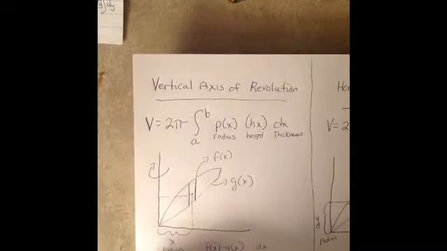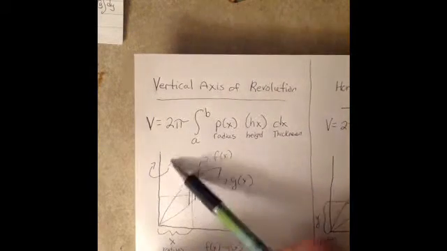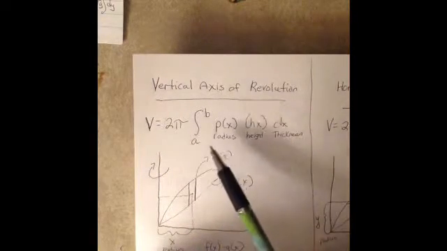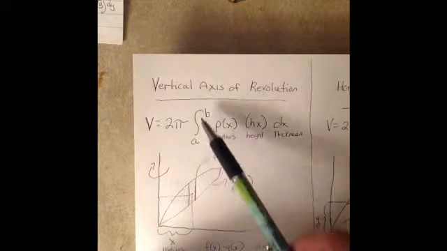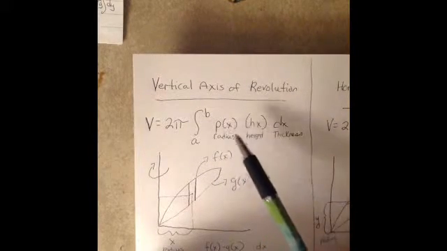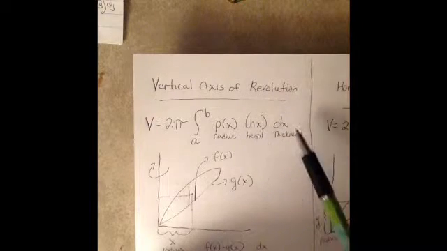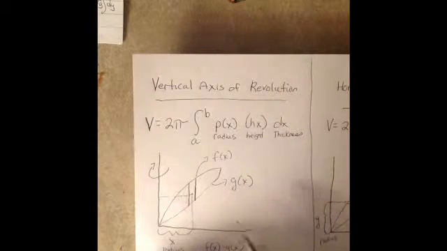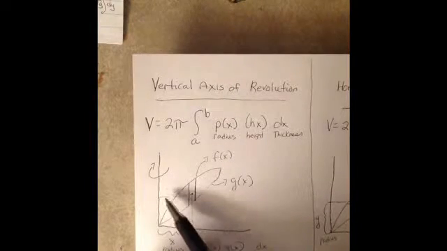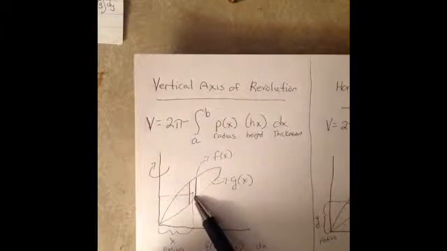So now if you've watched the instructional video, you've got a general idea of this. But when you're going around a vertical axis of revolution, such as the y-axis, the shell method has 2 pi, x bounds, a to b, and the radius p of x times the height h of x times d of x, the thickness. So when you're looking at this, the radius will just be x because it's the distance to your slice.